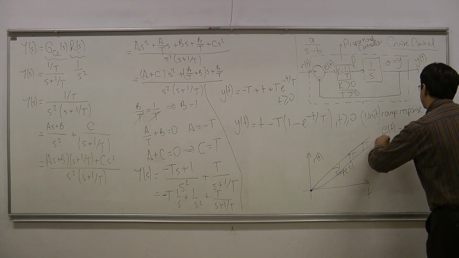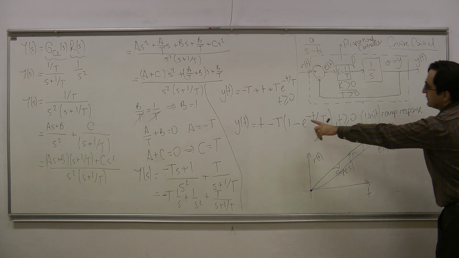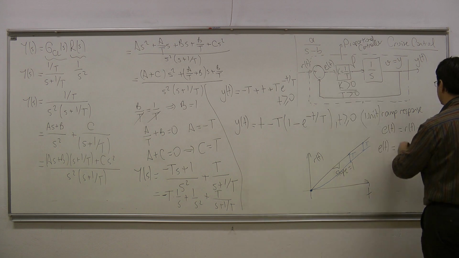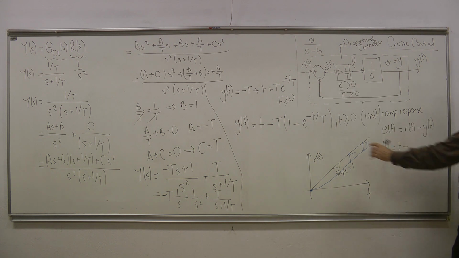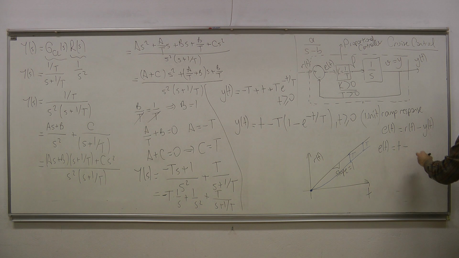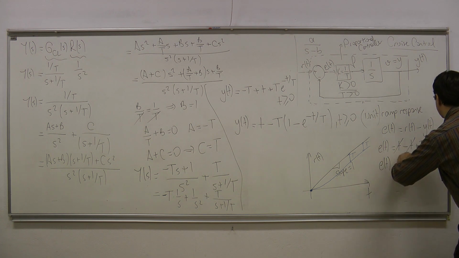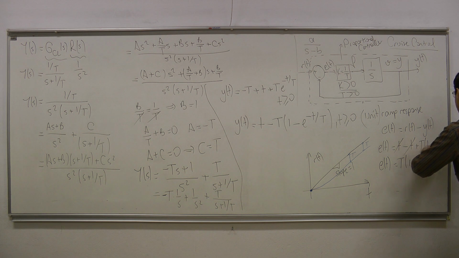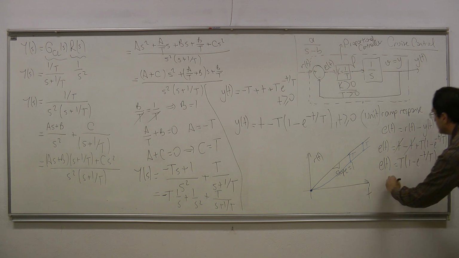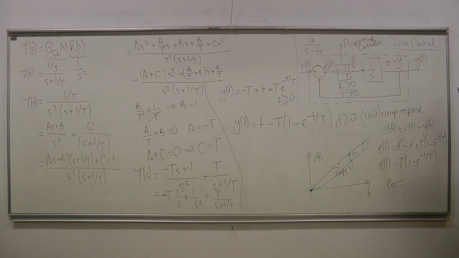And I have e of t is equal to, r of t is t, so t minus the actual output, minus t plus capital T times 1 minus e to the minus t over capital T. These t's are cancelling, so our error signal is capital T times 1 minus e to the minus t over capital T. And the steady state error is the limit of this function as t goes to infinity.